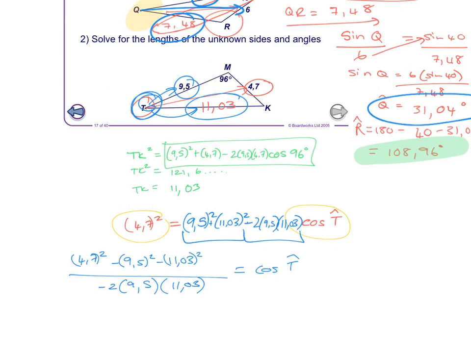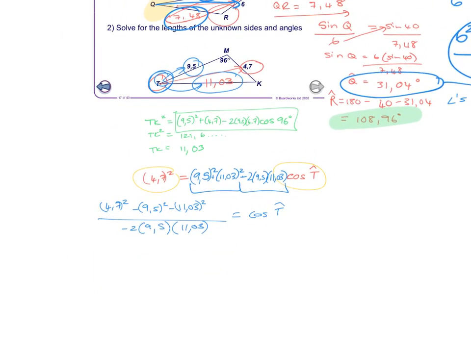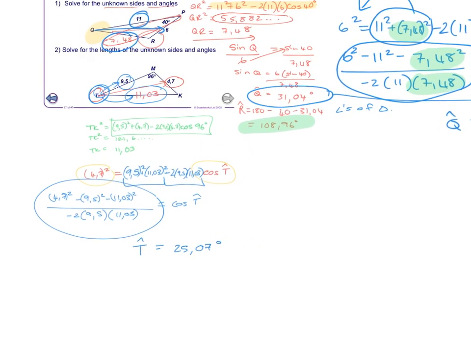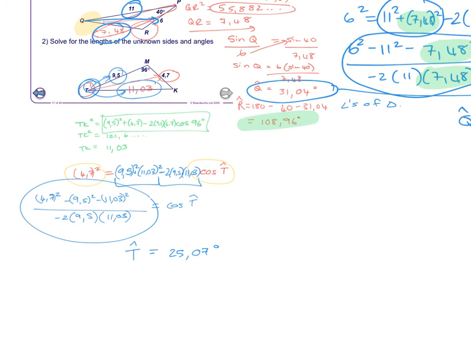So you'll say shift cos of that entire fraction, and you'll get your angle T by itself. Your answer here is going to be 25,07 degrees. If you use the sine rule, you might have got a slightly different answer. That's perfect, as long as it's within that range.